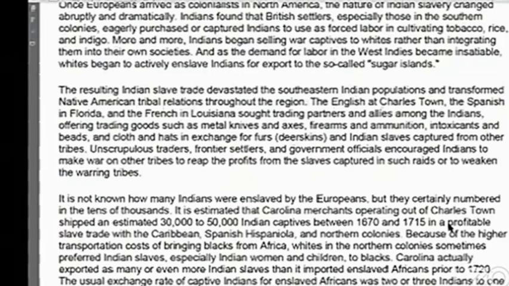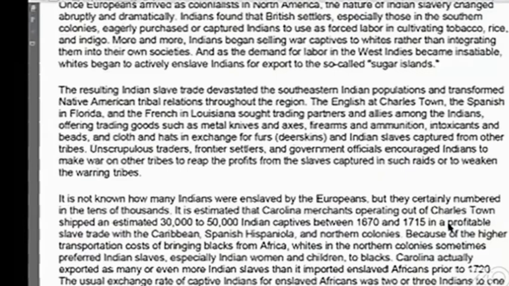The English at Charlestown, the Spanish in Florida, and the French in Louisiana sought trading partners and allies among the Indians, offering trading goods such as metal knives and axes, firearms and ammunition, intoxicants and beads, and clothes and hats in exchange for furs, deerskins, and Indian slaves captured from other tribes.